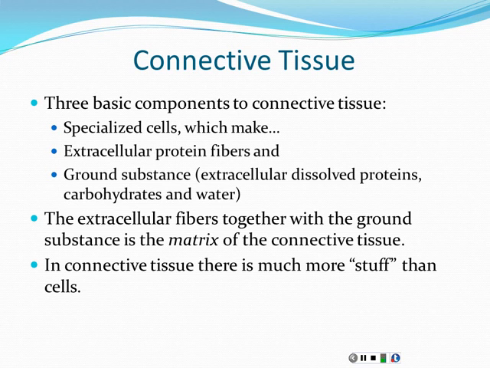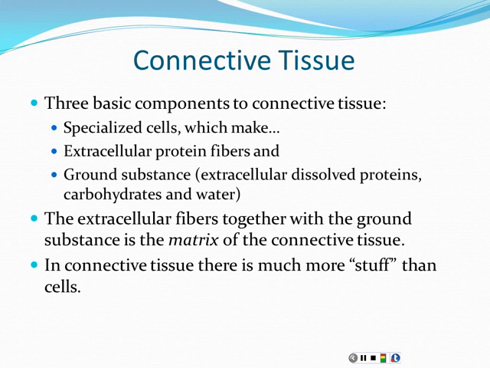So basically, it's a kind of fluid substance that the extracellular proteins and these specialized cells are floating around in. So when we talk about the matrix of connective tissue, we're talking about the non-cellular part. That's the extracellular protein fibers and the ground substance together that make up the matrix.